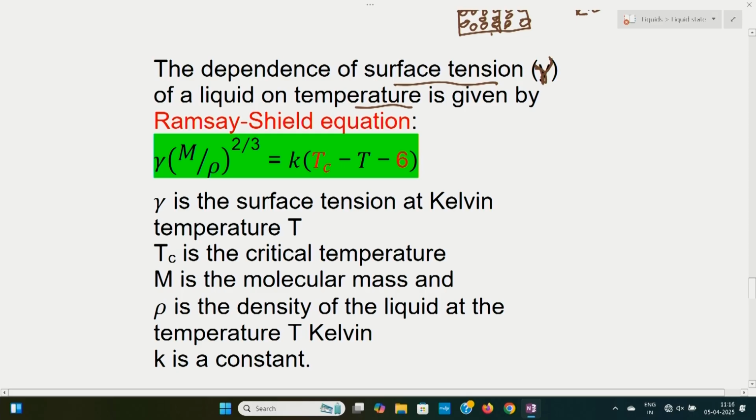The Ramsay-Shields equation is gamma into (m by rho) power 2 by 3 is equal to k into (Tc minus T minus 6), where gamma is the surface tension at Kelvin temperature T, rho is the density of the liquid, m is the molecular mass, k is a constant, Tc is the critical temperature and T is the temperature in Kelvin.